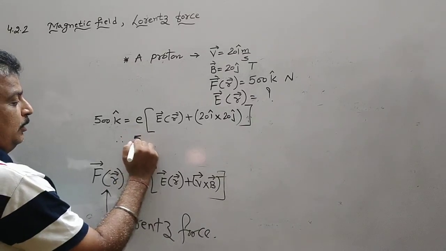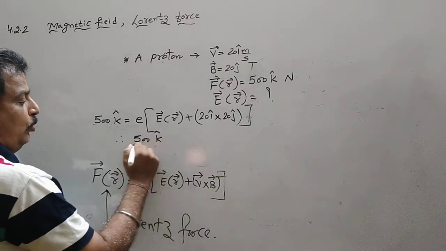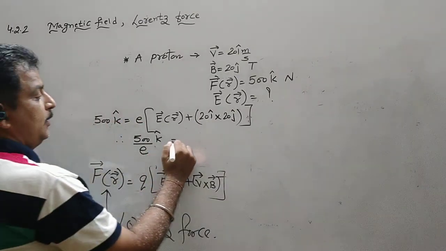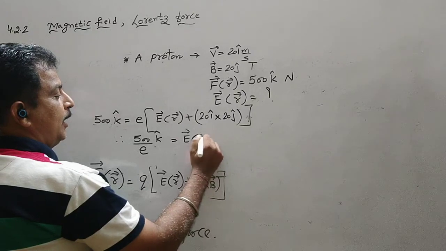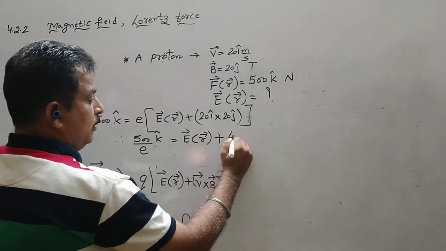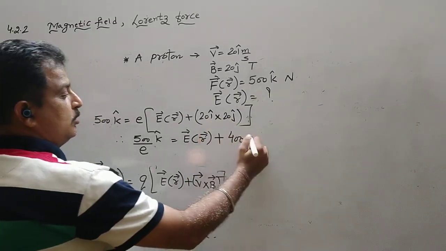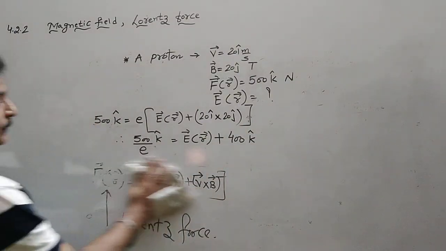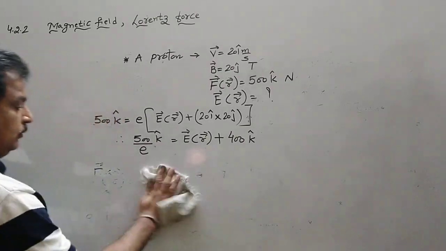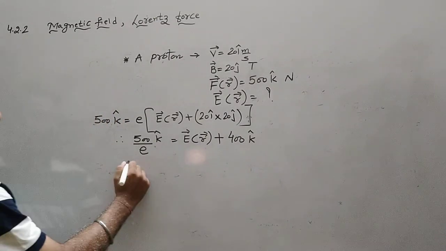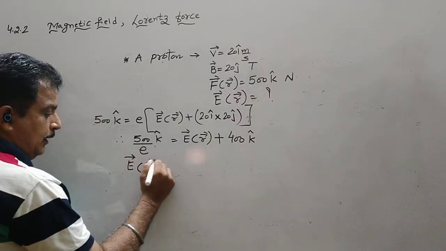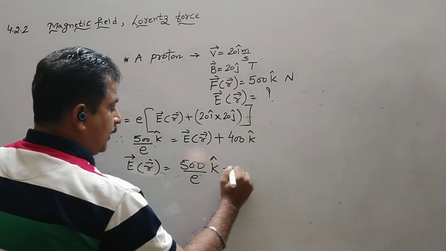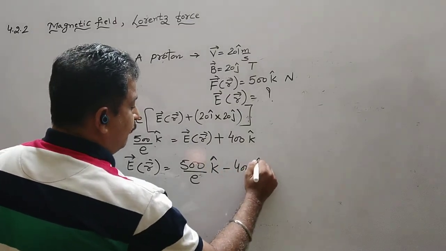Therefore 500 k cap upon e is equal to E vector plus 400 i cross j, that is k cap. So E vector is equal to 500 divided by e k cap minus 400 k cap.